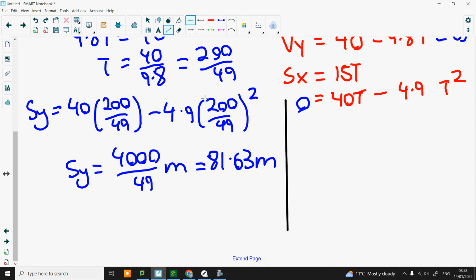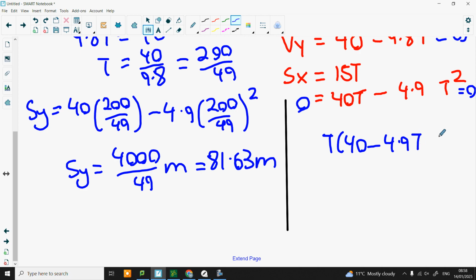And then what happens? Factorize out t. I can put the equal 0 on either side, can't I? So factorize out t, and you get 40 minus 4.9t, so there's two answers. The first answer is t equals 0.